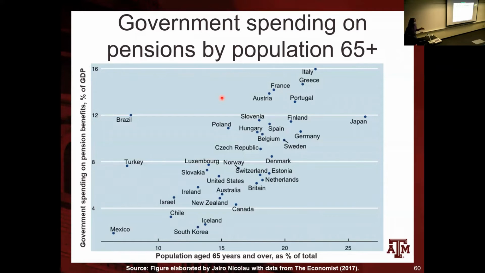So Japan, as I mentioned before, has the highest life expectancy at birth in the world. So more people will reach older ages. So that's why Japan is right there, above 25% of people with at least 65 years of age by 2017. And they spend 12% of their GDP on pension benefits.